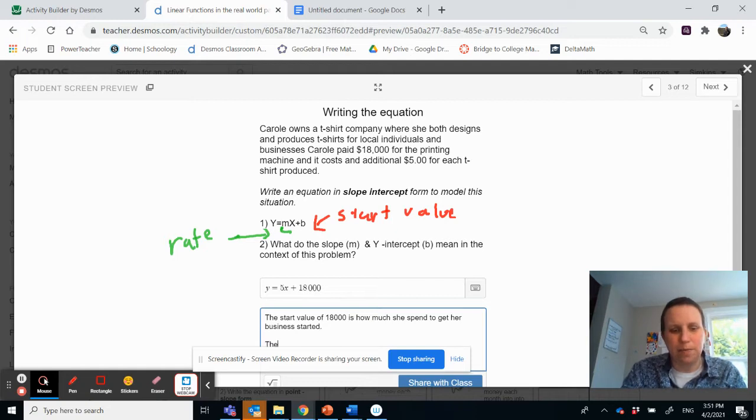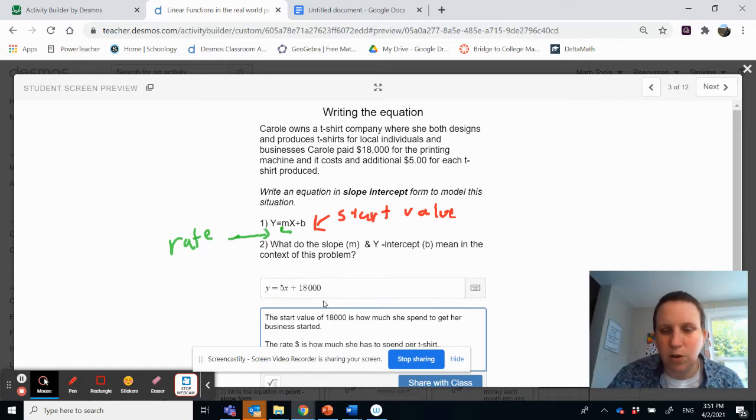The rate, $5, is how much she has to spend per t-shirt. And you can write that part in your own words, just taking this math equation and putting it back into the context of the problem to figure out her total cost.